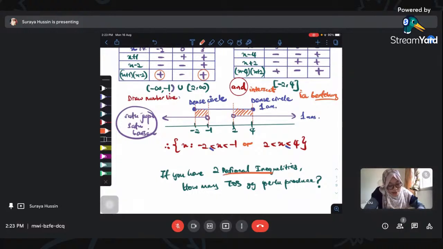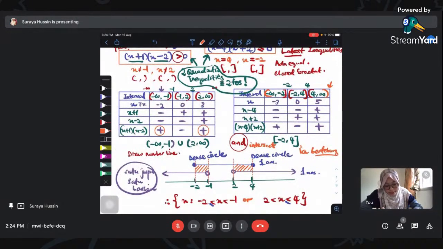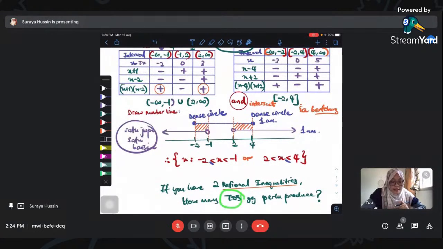Kamu kena ingat maksud rational inequalities. I need some response. Tadi saya kata kalau dua quadratic inequalities means ada dua TOS. Now saya tanya, kalau kamu ada dua rational inequalities, berapa TOS yang perlu ada? Come on, kenapa senyap jadi situ?